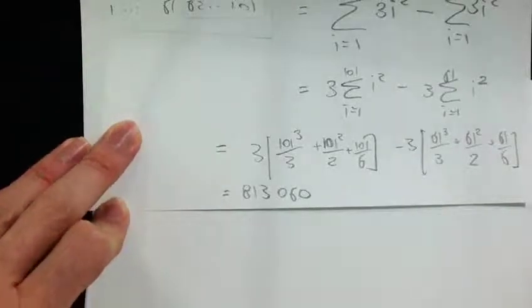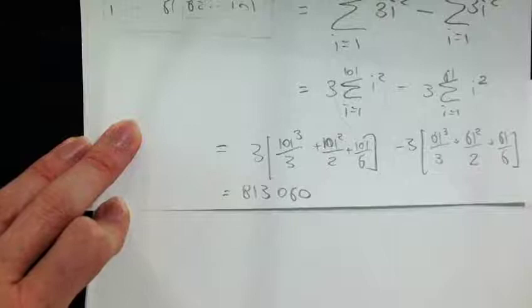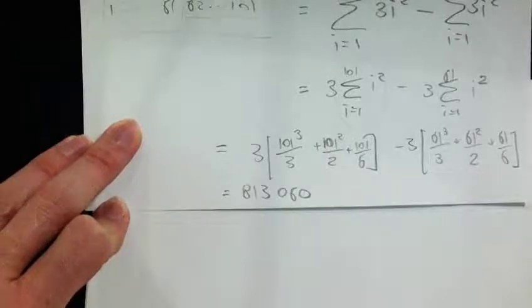I have one more to do, which people ask me about a lot when it comes up in the assignments, and so I'm going to do it. What if you have a sum and another sum inside it?